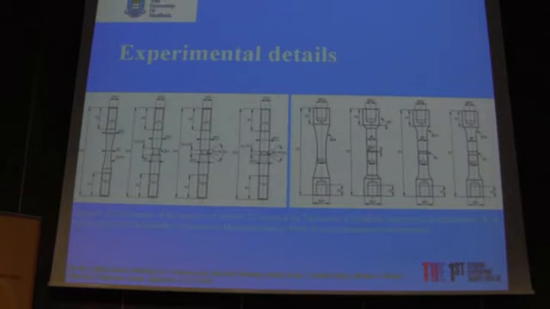The second set of tests was carried out at the Institute of Continuous Media Mechanics in Russia, where titanium and another kind of aluminum alloy were tested. The KT ranges from 1 to 6, and the strain rate ranges from 0.01 to 10 per second.